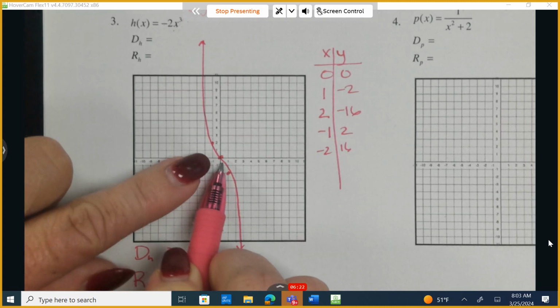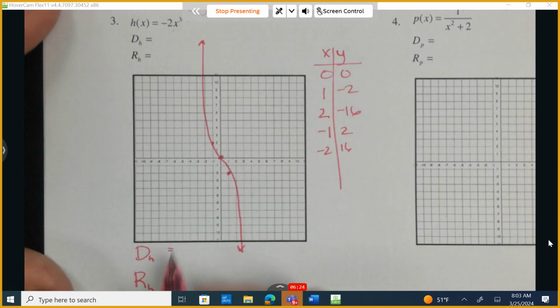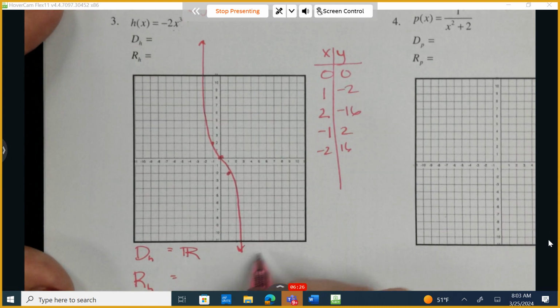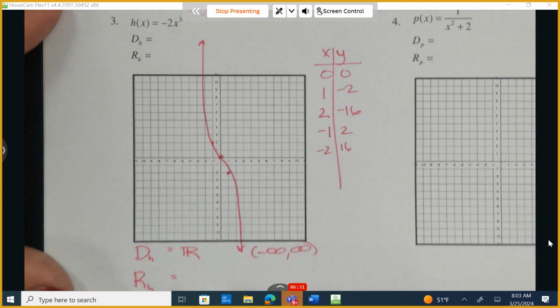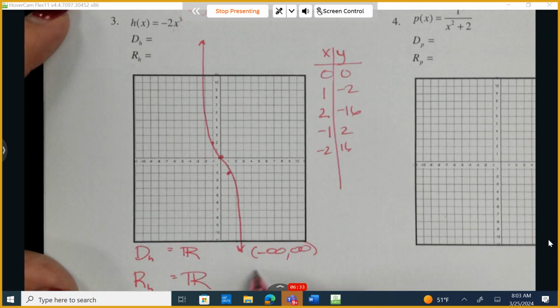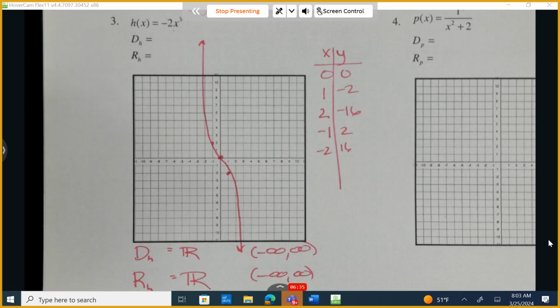The domain, we're not limited in what we can plug into this function, so it is all real numbers. We can also rewrite it as negative infinity to positive infinity. The range for this function, again, is all real numbers and can be represented in the same way.